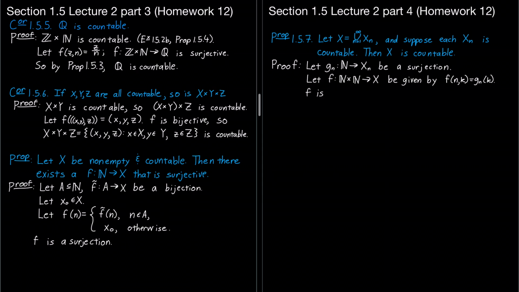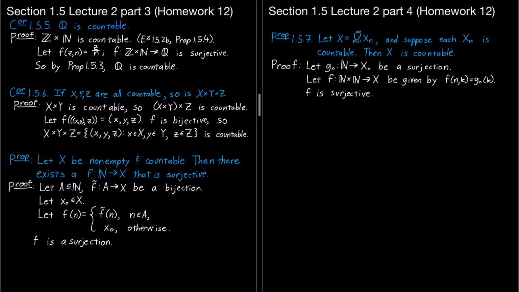Then F is surjective. If you pick an element of X, it's got to be in one of the Xn's, and Gn is surjective onto Xn, so Gn of k is going to give you whatever element you picked for some k.